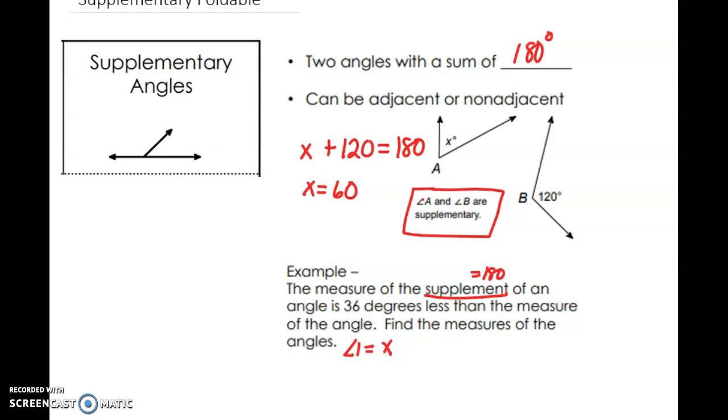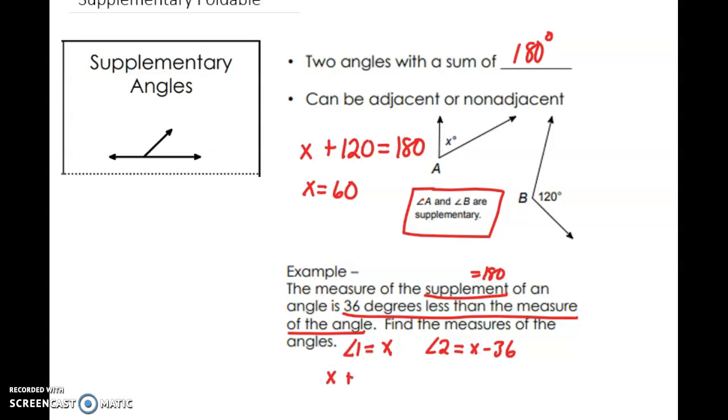So the supplement of that angle, so meaning there's another angle, is 36 degrees less than the measure of the angle. So one angle is x, and the other angle is 36 degrees less. So it's x minus 36, because it's 36 degrees less than angle 1. So it's the same as angle 1 minus 36, which is x minus 36.